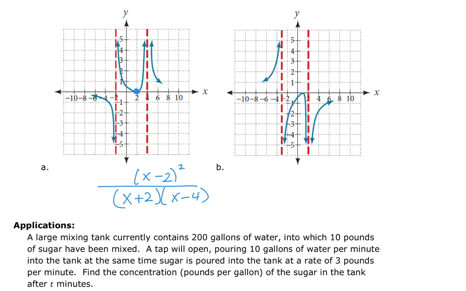This is the way I can tell whether or not this actually is my function: I can do a test point. So let's test to see if I put in 0, if I actually get that value. If I put in 0 right here, this is going to produce a +2. This is going to produce a +2. This is going to produce a -4.